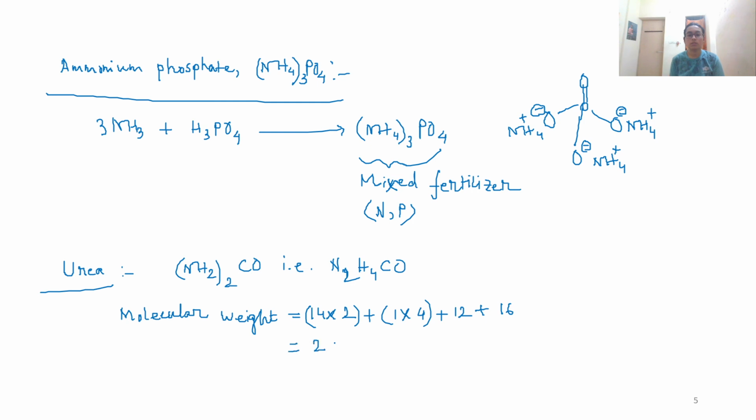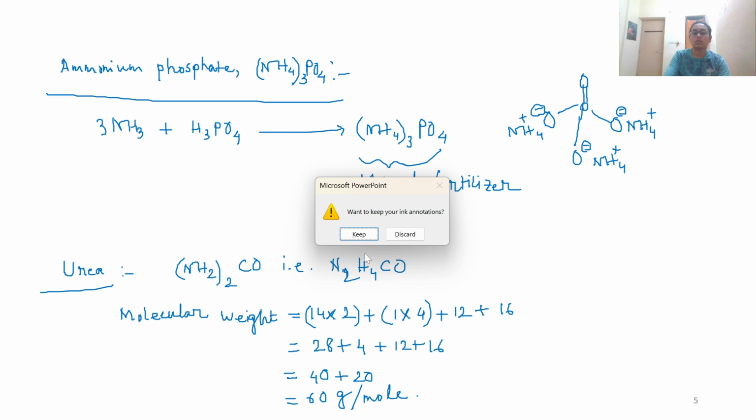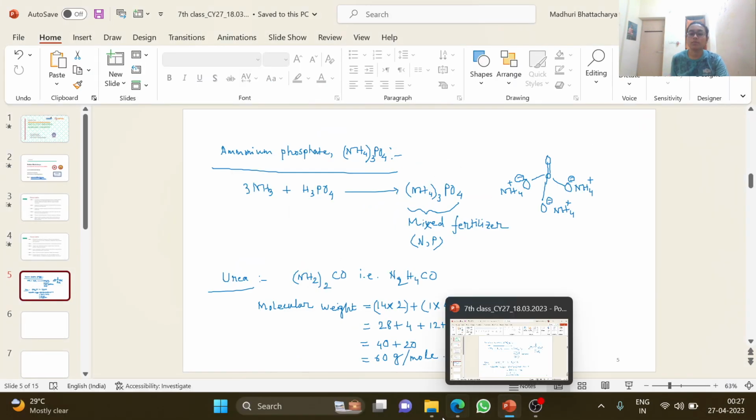So 28 plus 4 plus 12 plus 16. Total, 28 and 12 will be 40, plus 16 plus 4, 20, so 60 gram per mole, right? So the molecular weight of urea is 60 gram per mole.